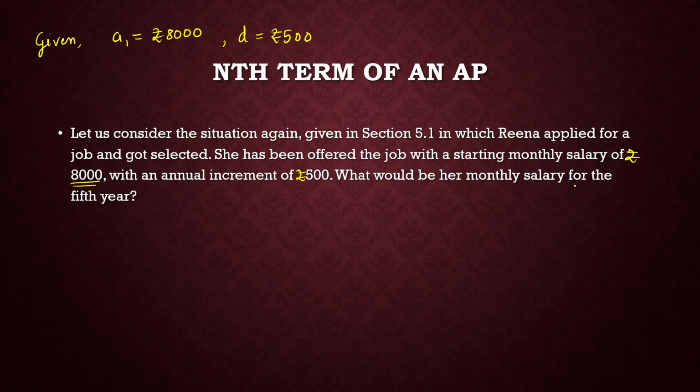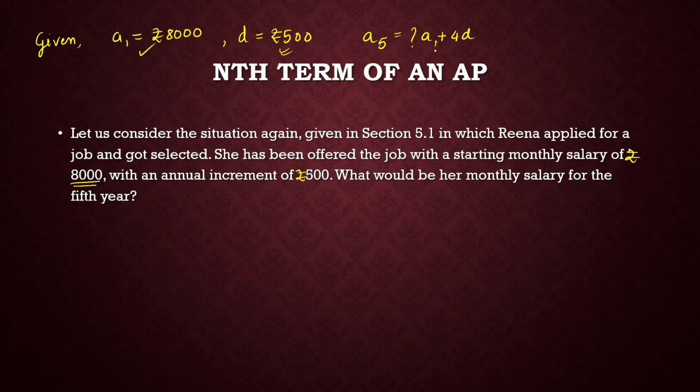What would be her monthly salary for the 5th year? They are asking the value of A5 here. So what is A5? It's nothing but A plus 4 into D. We know this. You know the value of A1, that is A, and you also know the value of common difference.